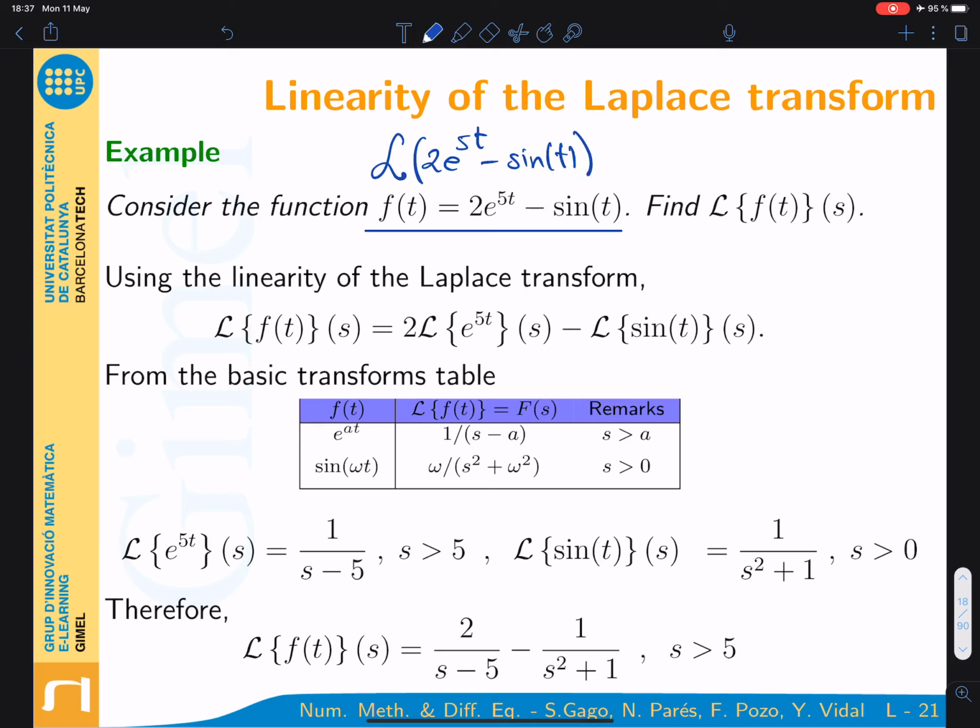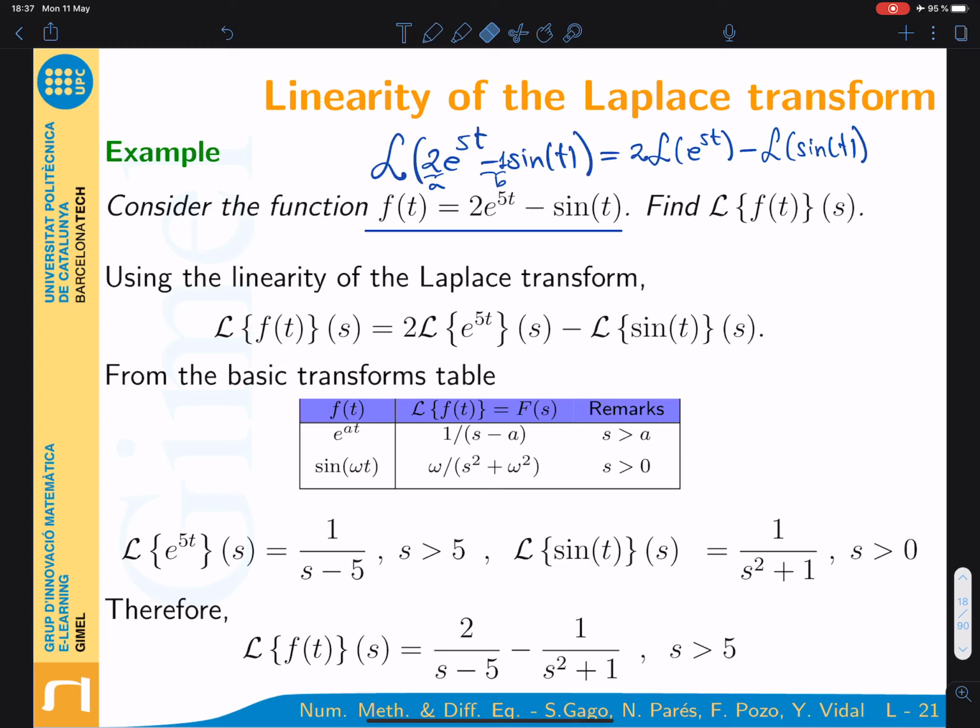Now by linearity, I know that this 2 is like a, and minus 1 times the sine, this is like b, and I know that this is equal to 2 times the Laplace transform of the exponential minus 1 times the Laplace transform of the sine function.